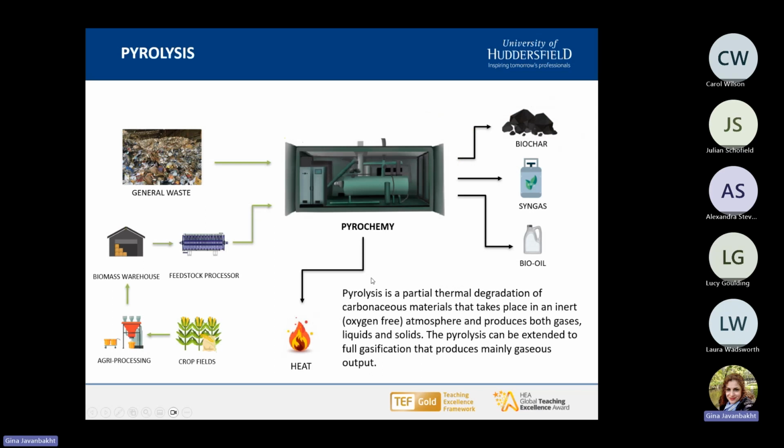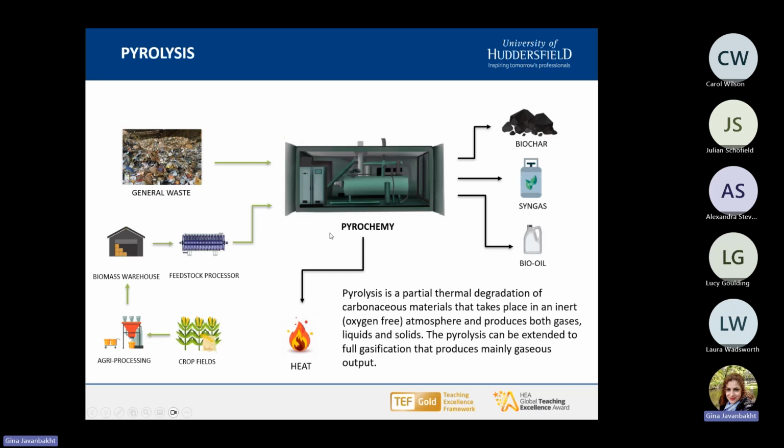How to produce these biofuels? I will explain three ways of producing biofuels. By biofuels, I mean a liquid, gaseous, or solid type of fuel that you can use to produce energy. One of the ways we call pyrolysis.